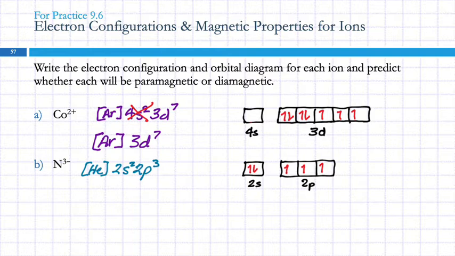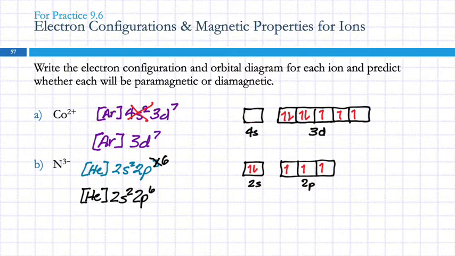And 3 minus, what do we need to do? Add electrons or subtract? Add. How many? 3, right? So if we're going to add 3 electrons, we're going to add them into this last level. So we end up with helium 2s2 2p6, which is the same as neon.